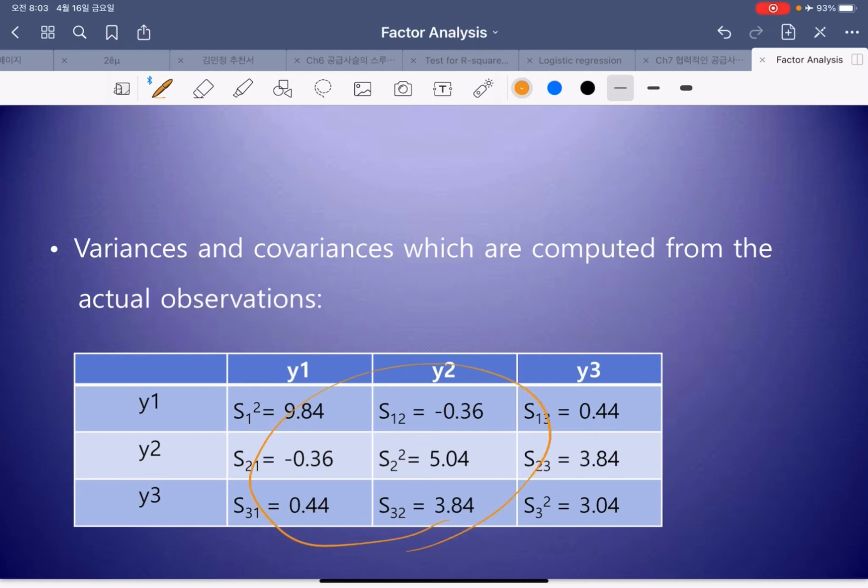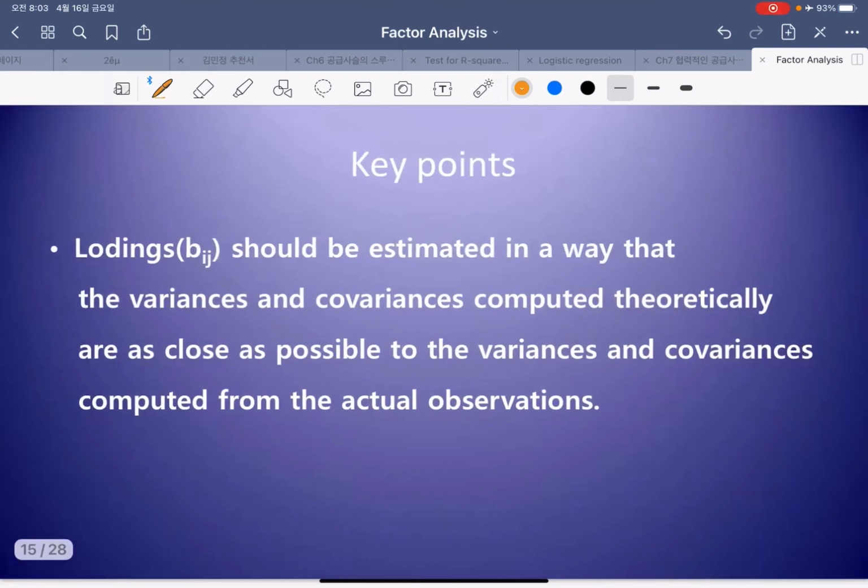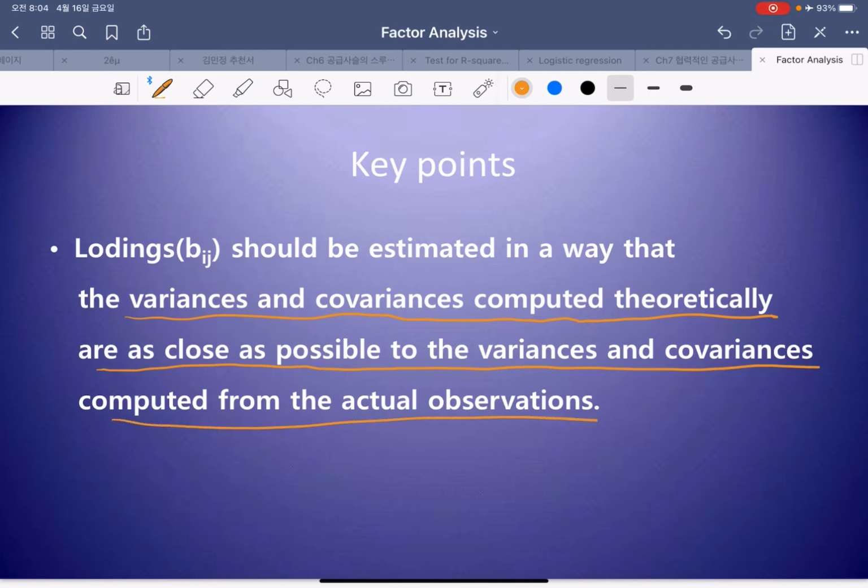So the basic idea is that we want to estimate loadings in a way that variance and covariance computed theoretically are as close as possible to the variance and covariance computed from the actual observations, right?